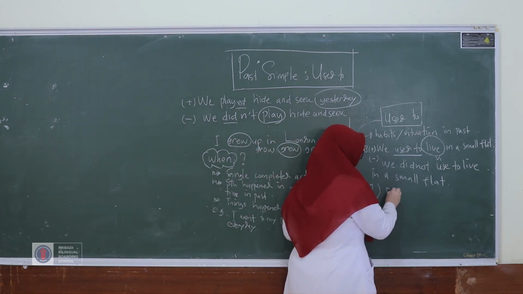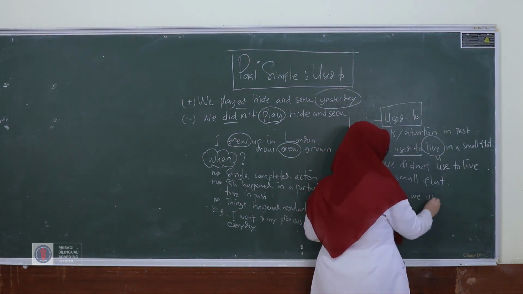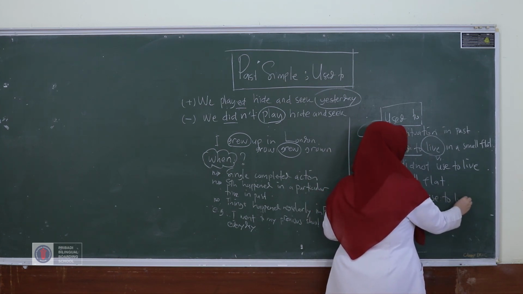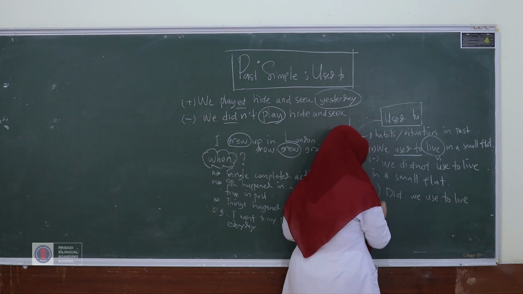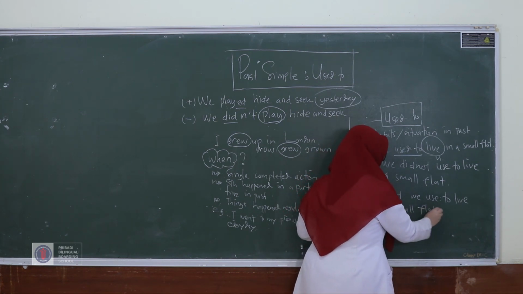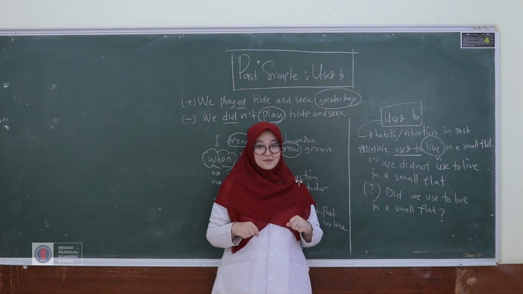We put the auxiliary verb "did": "Did we use to live in a small flat?" It's easy, it's simple.